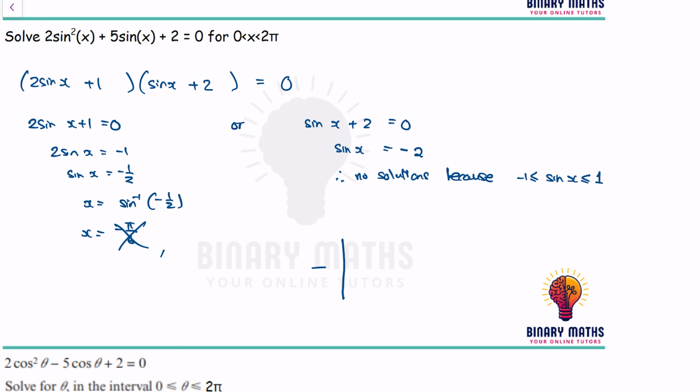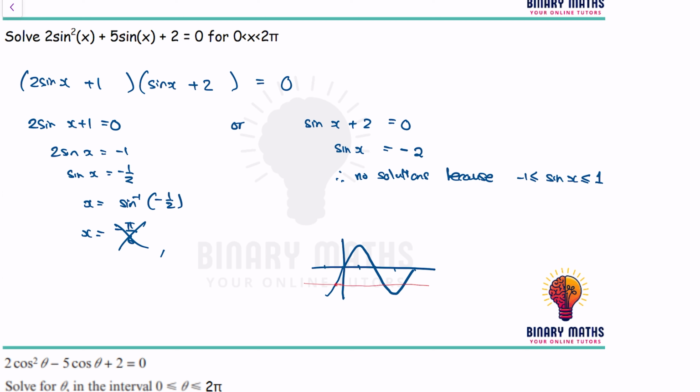Okay, so that means if I sketch my graph, obviously the sine graph looks like so. And if I have this there, so it was minus a half, which was here. This was my first solution, so I'm trying to find my other solutions.